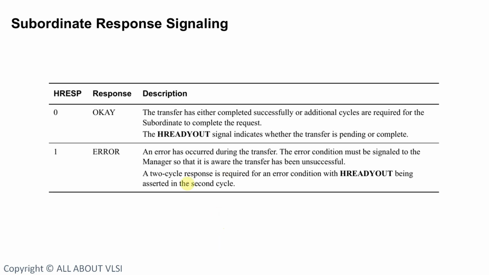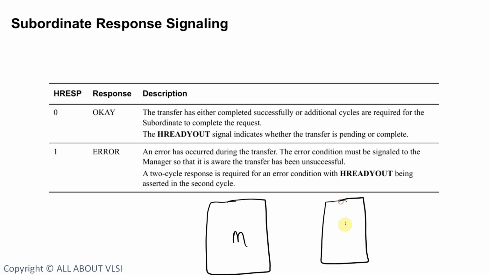We have already seen this subordinate response signaling. We have a master and a slave, where the master sends the address signal and the data signal, like HWDATA.